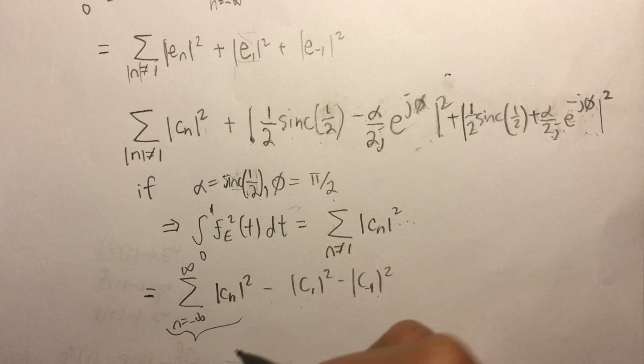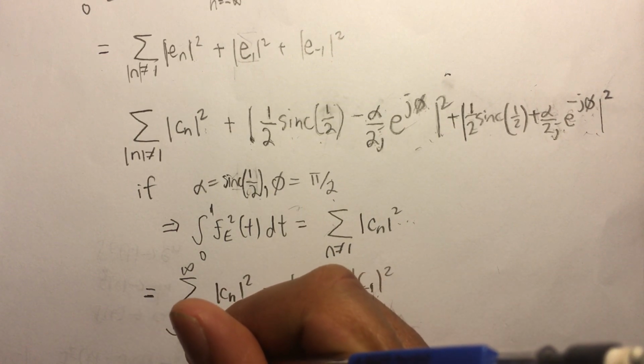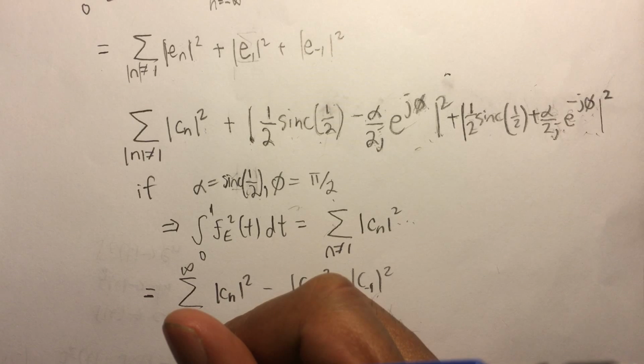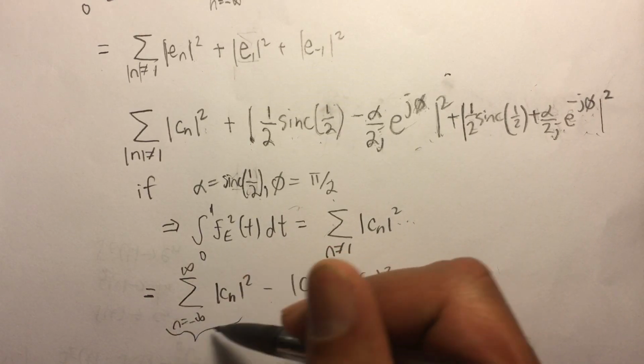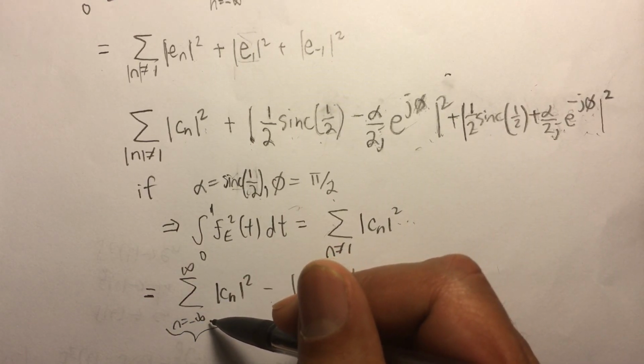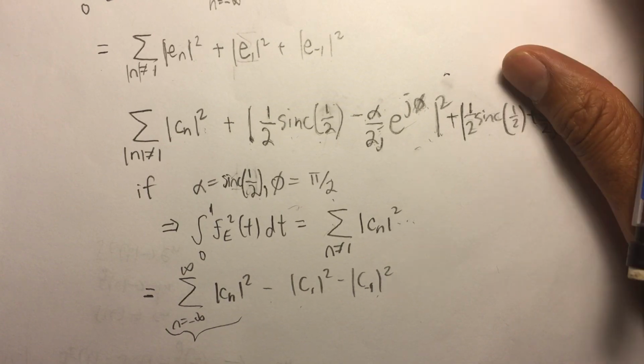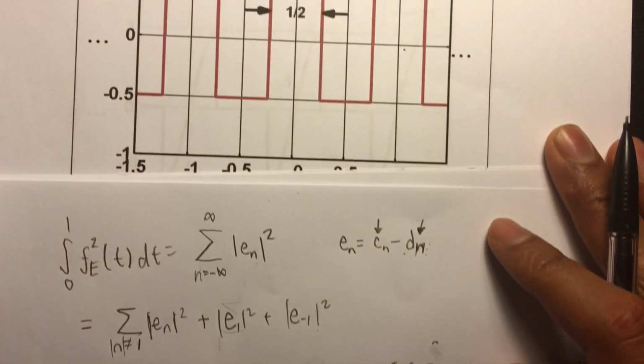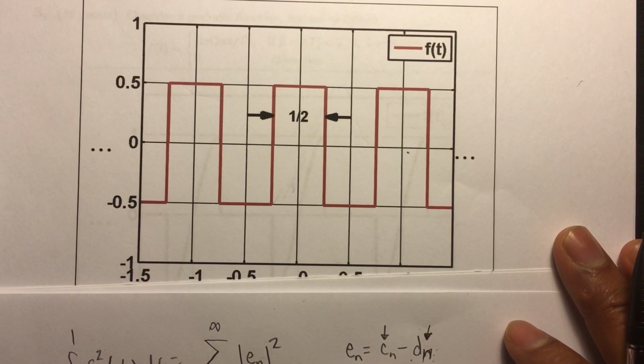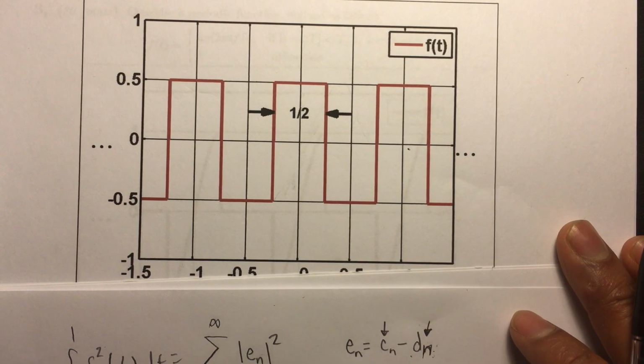This one here we know, by Parseval's theorem, is equal to the power, or the average power, in f of t. So what is f of t? Well, f of t was this here.